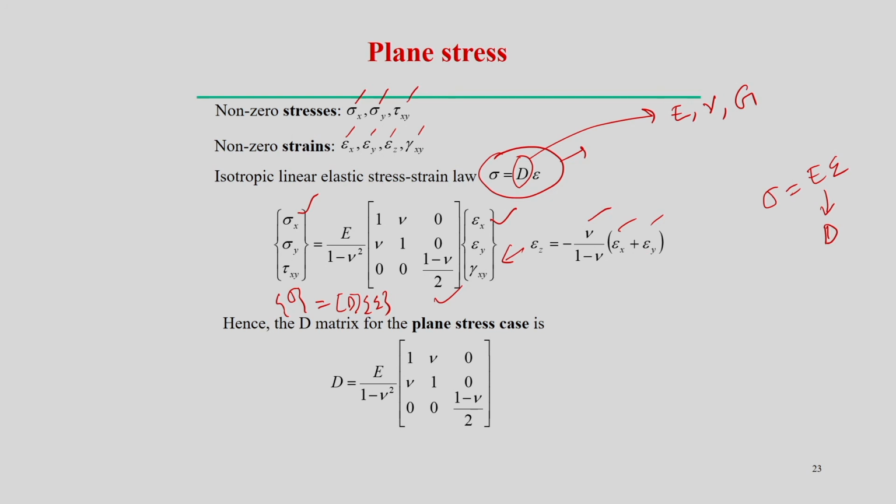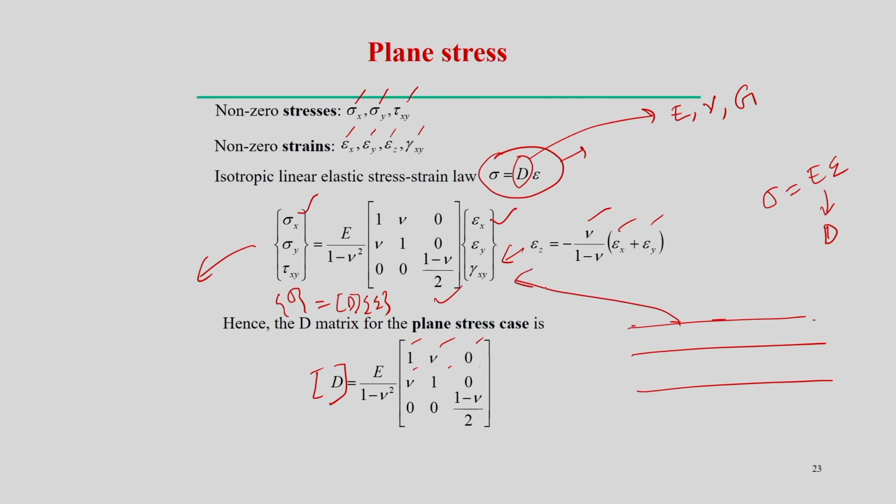Now, the D matrix for the plane stress condition is very important. We can write it this way: E by 1 minus nu square, times the matrix 1, nu, 0; nu, 1, 0; and so on. You will get this expression if we write the linear set of 3 equations and convert them into this matrix form.